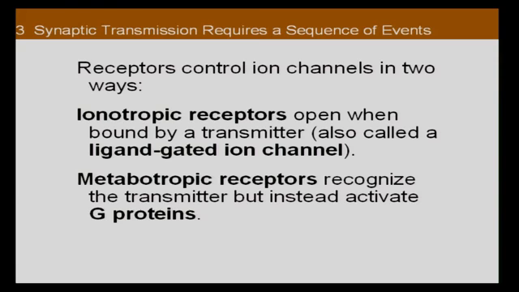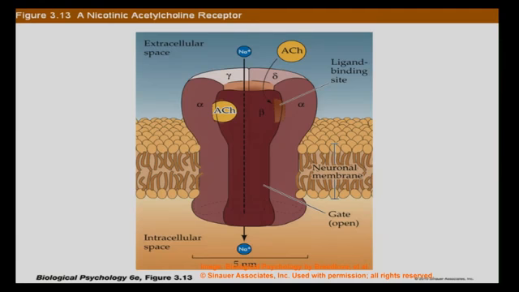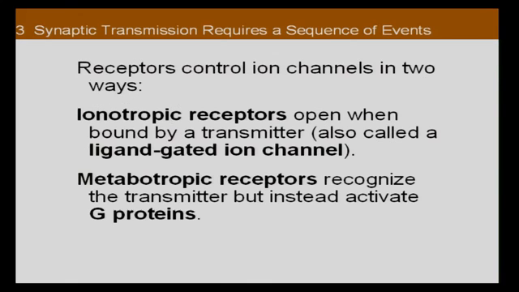The type of receptors and channels that we've talked about so far have really been mainly ionotropic receptors. That is, this acetylcholine receptor is an ionotropic receptor. What does that mean? Ionotropic receptors open when bound by a transmitter. It's also called a ligand-gated ion channel, and it lets ions through.